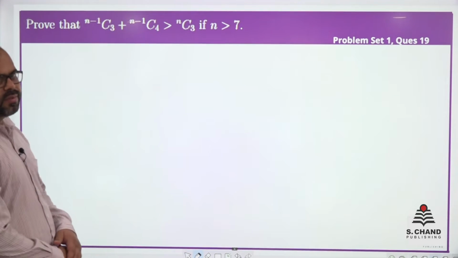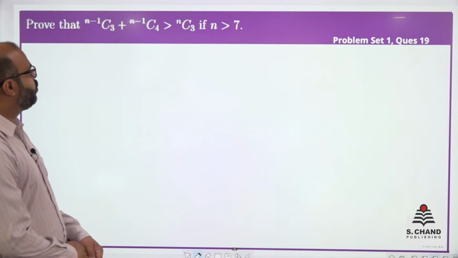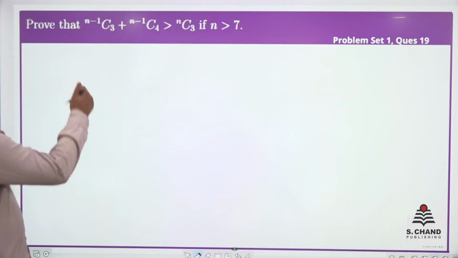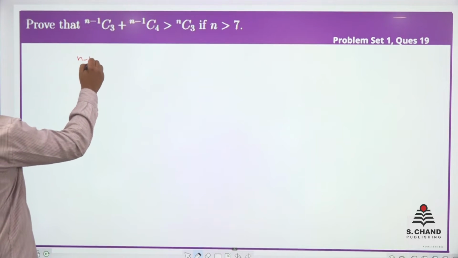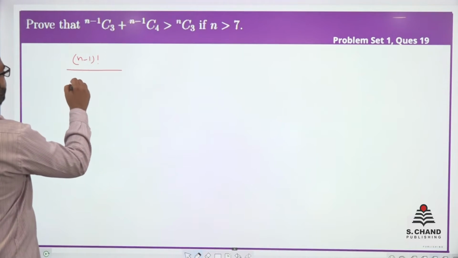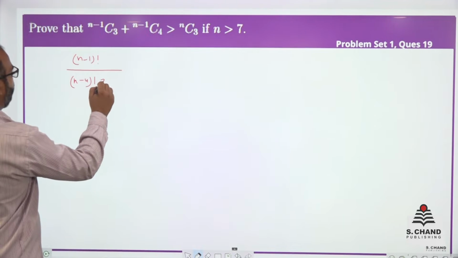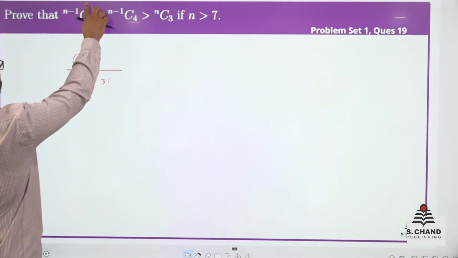Prove that n minus 1 C3 plus n minus 1 C4 is greater than nC3 if n is greater than 7. So n minus 1 C3 is n minus 1 factorial upon n minus 4 factorial into 3 factorial. That is the formula of nCr.